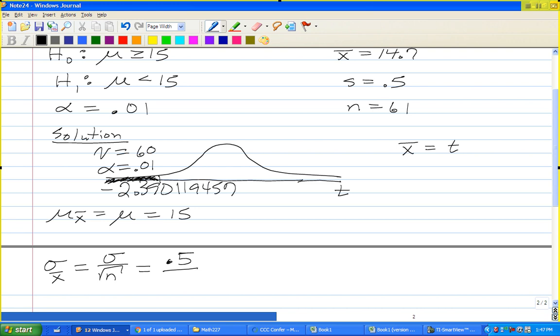The best point estimate for the variance is the sample variance, and we can estimate the population standard deviation by the sample standard deviation. It's not the best point estimate, it's biased, but it's the best you can do. So that's 0.5 over the square root of the sample size, 61. Plug that into your calculator and you get 0.0641844.